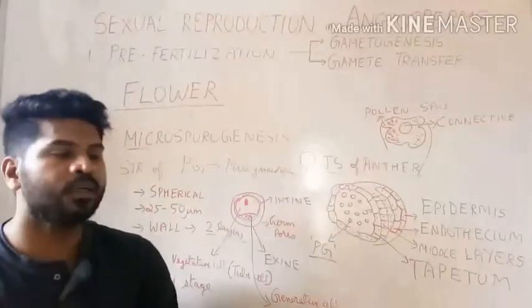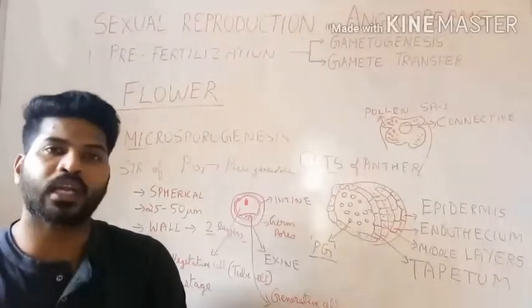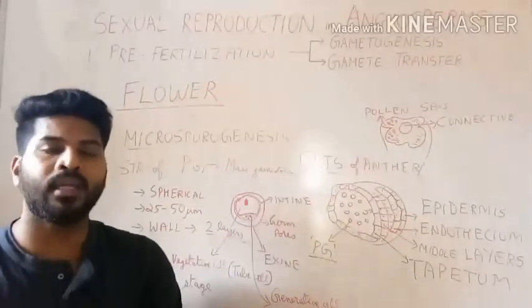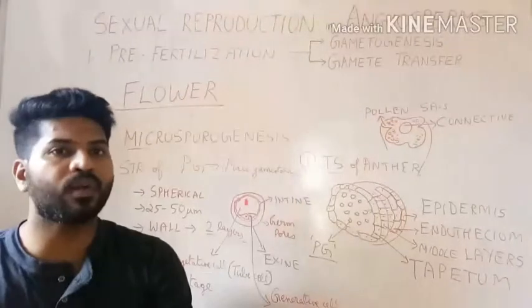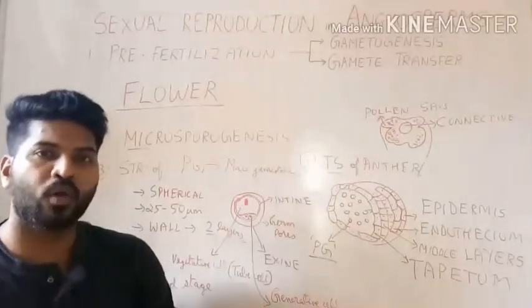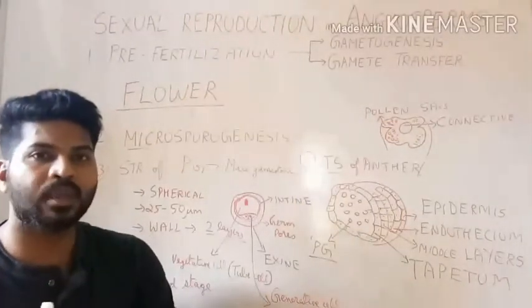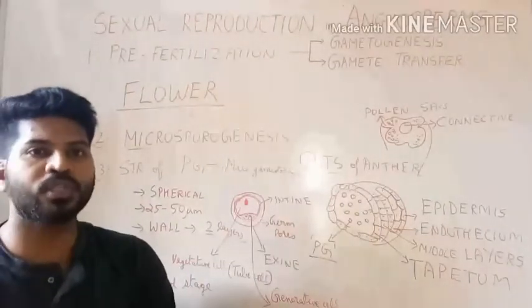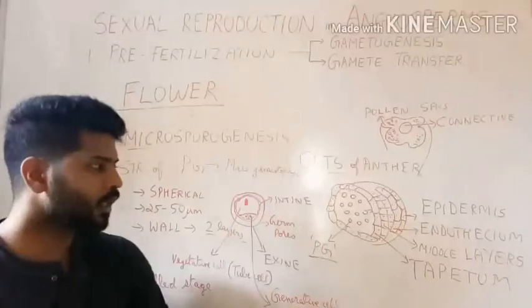Not only that, pollen grains are consumed as tablets or syrups by athletes, or given to race horses, because it is known to increase stamina and performance. So these are the two uses of pollen grains.